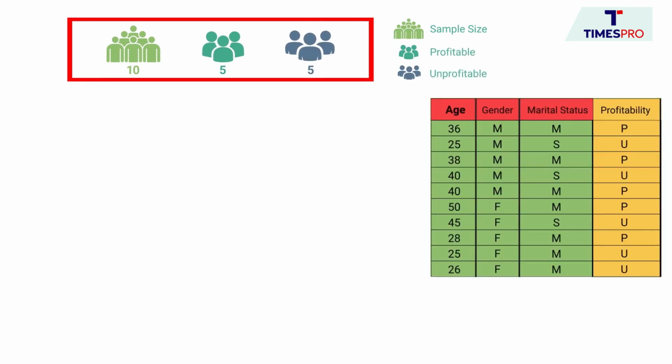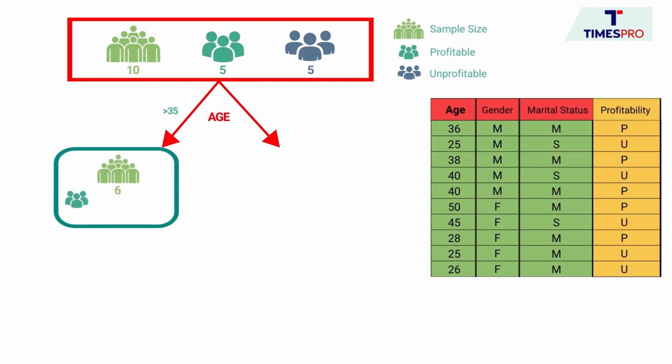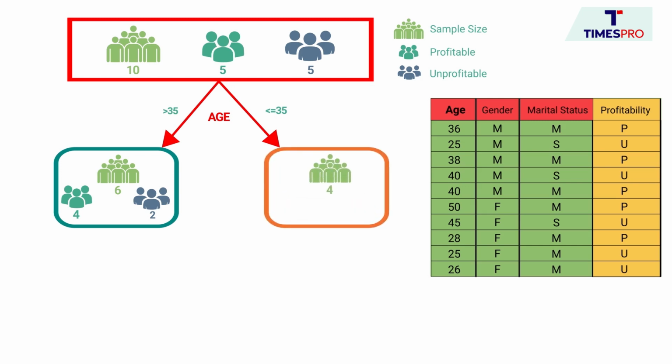Suppose we start subsetting the data set to construct the tree based on age greater than 35, we have a total population of 6 with 4 profitable and 2 unprofitable customers. Age less than or equal to 35, we have a total population of 4 with 1 profitable and 3 unprofitable customers.